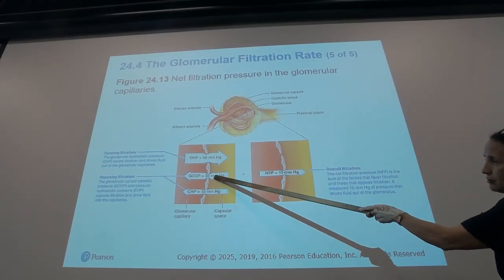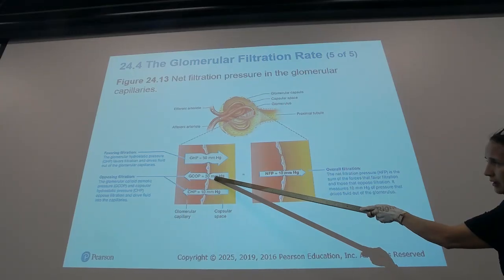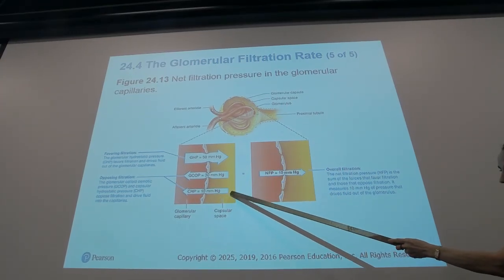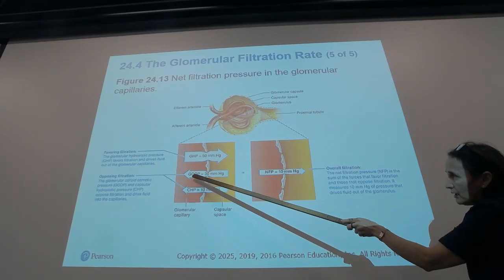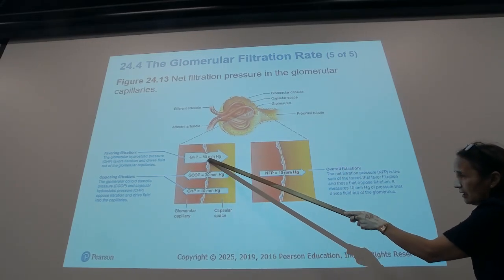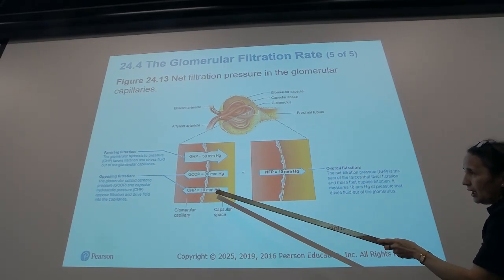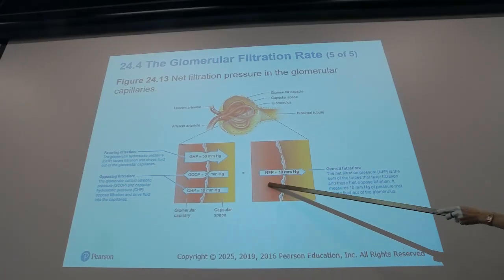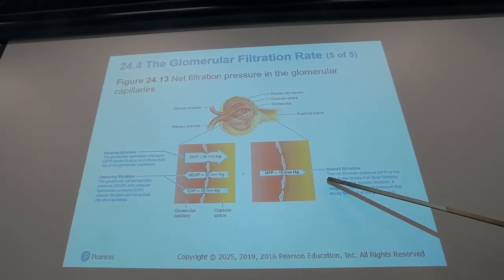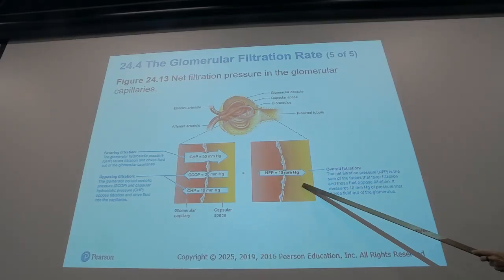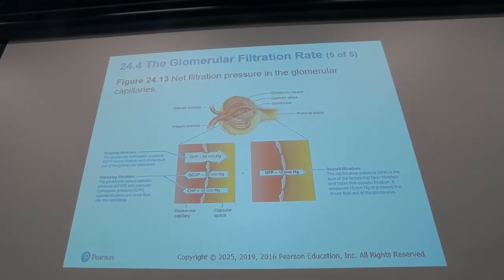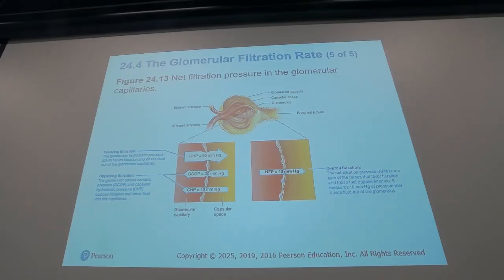So 50 minus 30, that would be 20. And then since we have water here in this capsular space opposing this, you have 20 minus 10, that's 10. That's your net filtration pressure. So then you have overall filtration. Questions?